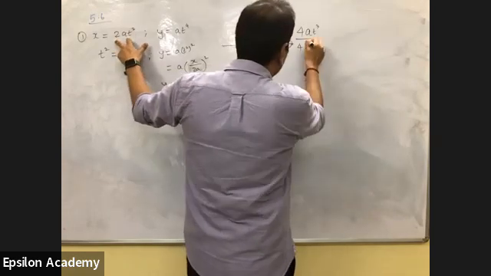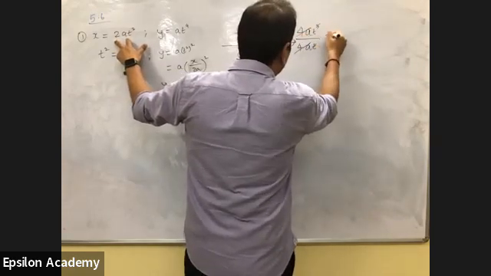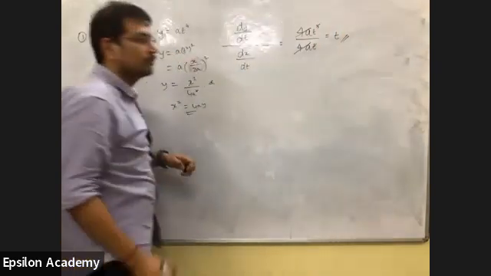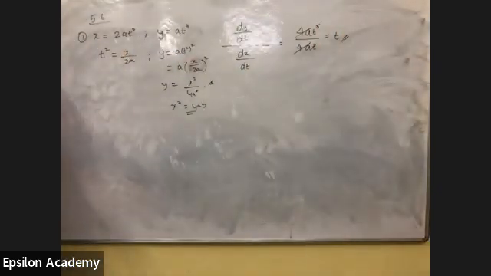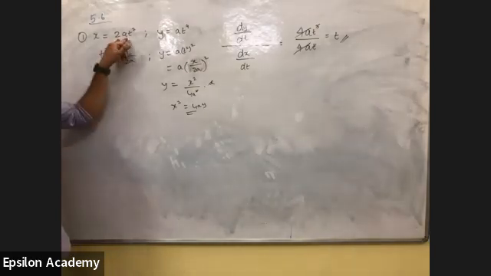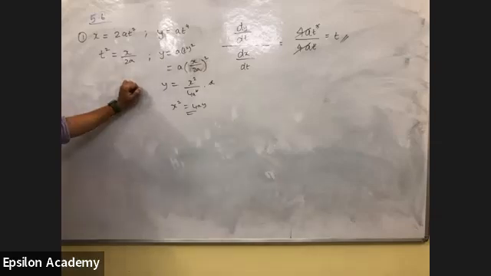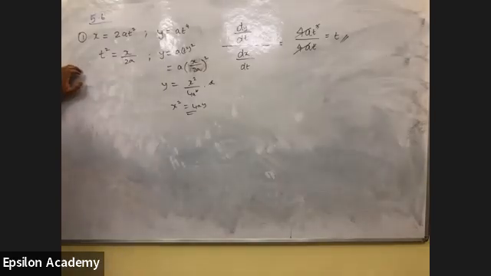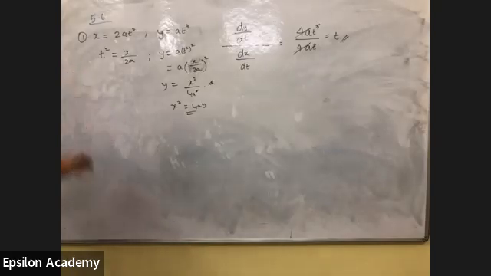Correct? 4a are gone. t square will be left over. Should not differentiate this because it's a constant.